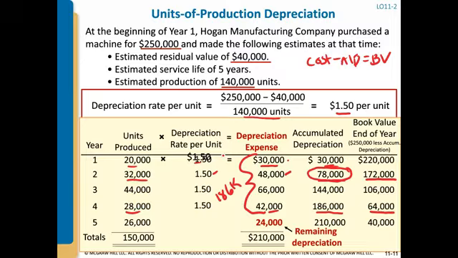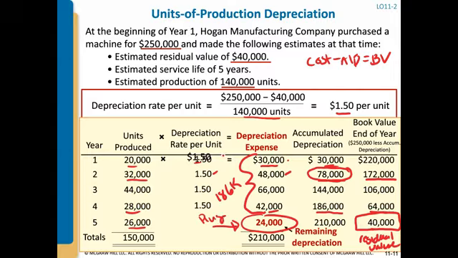Okay. Year five, we make 26,000 units. However, we know that our ending book value needs to be our residual value. So, similar to the double declining method or the accelerated method, the current year depreciation expense number is a plug.